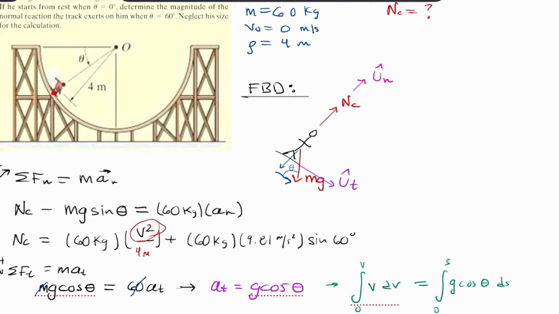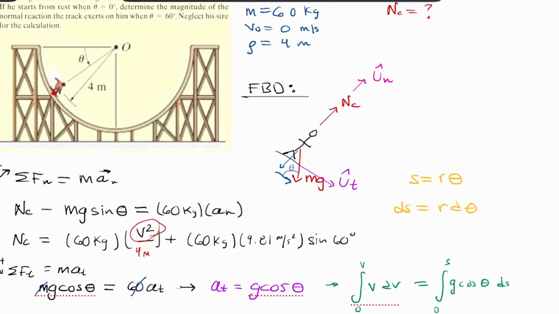But since we don't have the length s, we need to convert this into a function of theta. We know from the identity that we've seen before that the position s is equal to radius times the angle theta. So when you do ds, this is equal to r d theta.